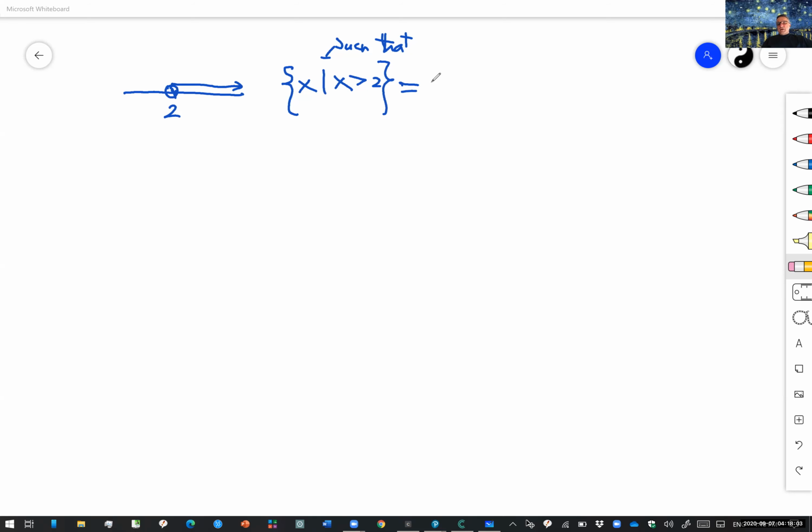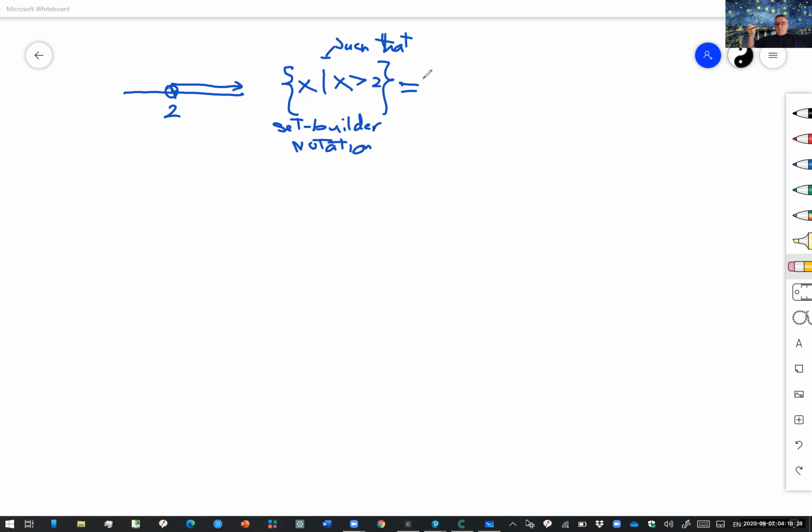That notation is called interval notation. This one is called set builder notation, and this one is interval notation. An interval is basically a chunk of the set of real numbers.